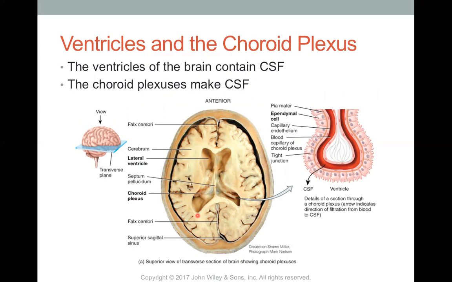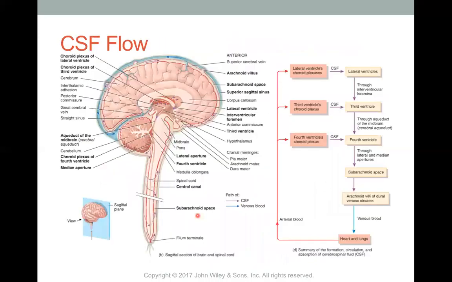Cerebrospinal fluid is formed by filtration of networks of capillaries in these choroid plexuses. It will then circulate through the subarachnoid space, the ventricles, and the central canal.